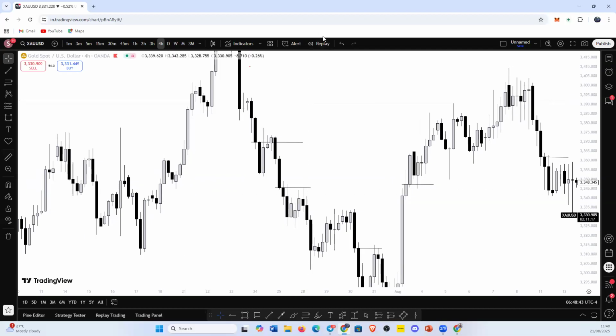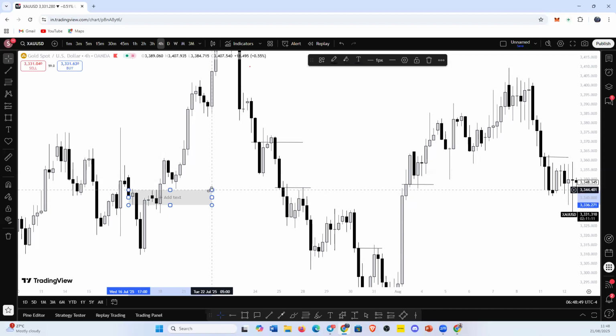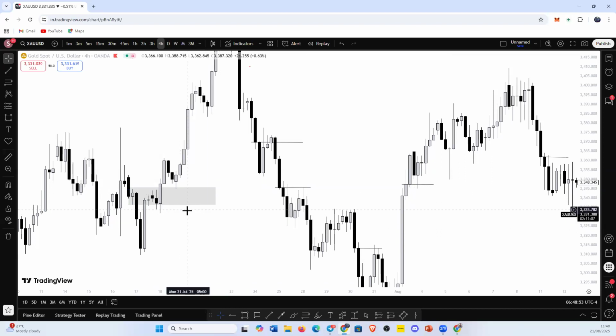Okay, we have this engulfing candle here. We're expecting price to come to it, then drop.